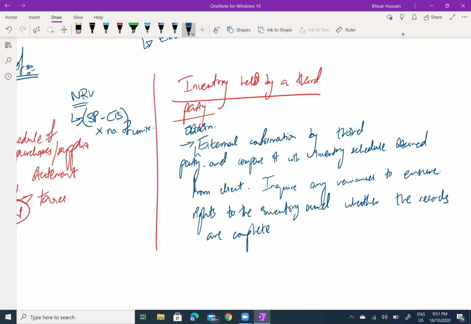Now this is one complete procedure that you'll have to write in your exam. It talks about first step, second step, and what you're trying to achieve with these steps. Make sense?